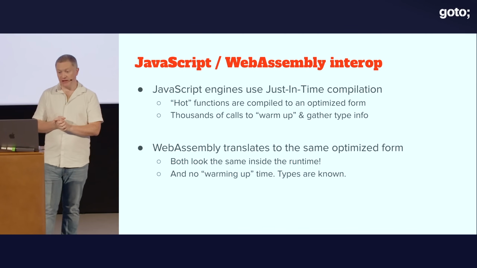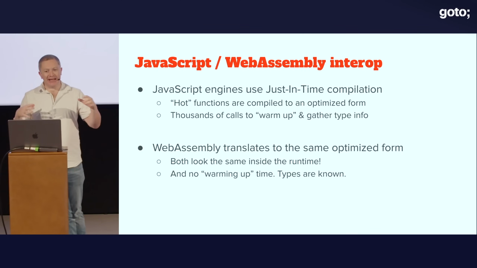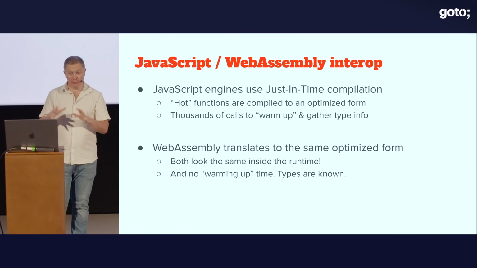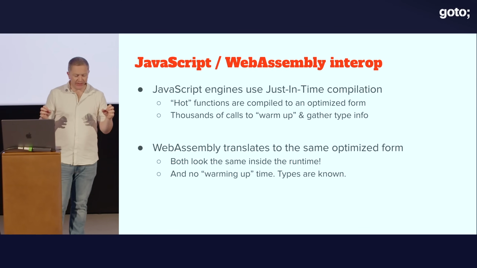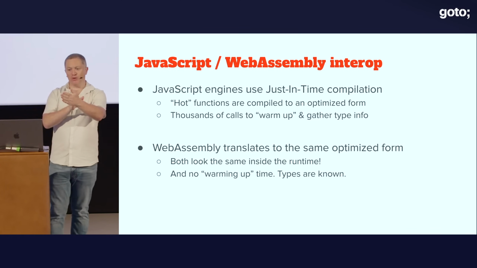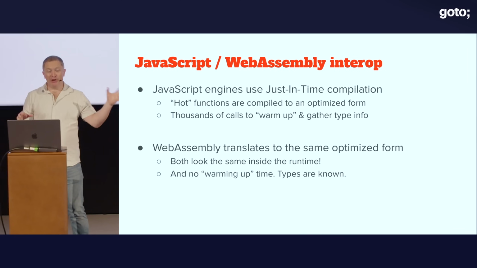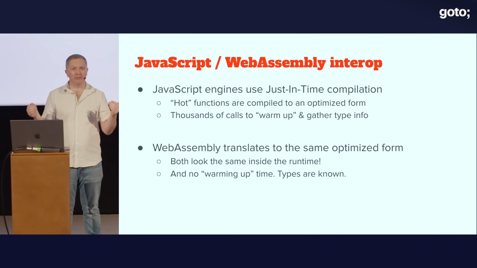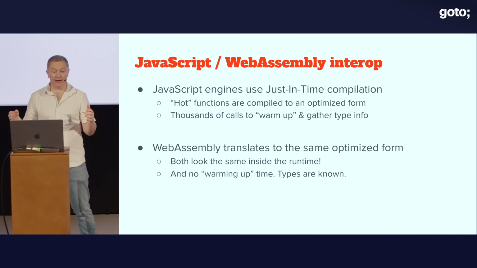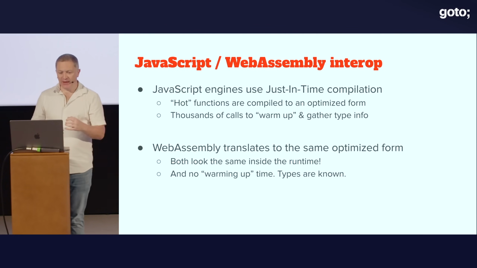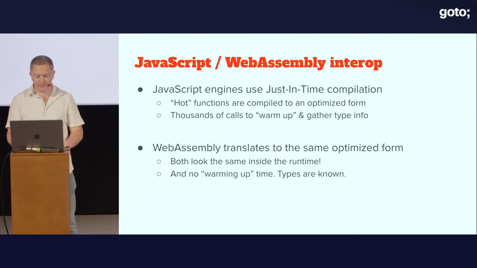It's just down to machine code. It takes thousands of calls for a function to be considered warmed up enough for this to happen, but it does happen. And WebAssembly essentially uses that and just bypasses all of that warm-up stuff and compiles straight into this optimized format. So it looks just like a JavaScript function that you've called thousands and thousands of times. So the runtime kind of sees them as the same. And that's how the two can work together.